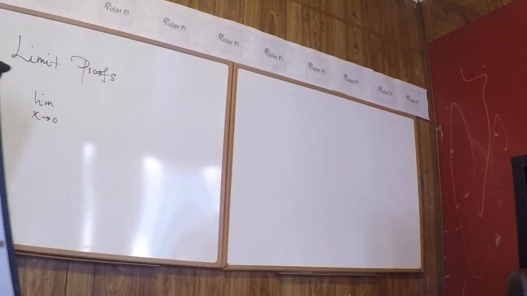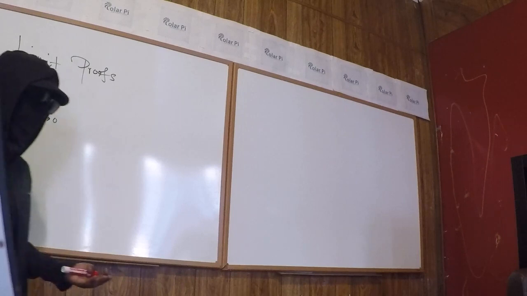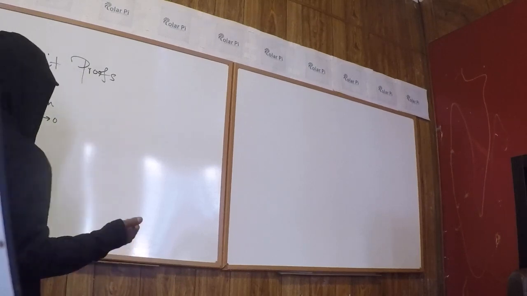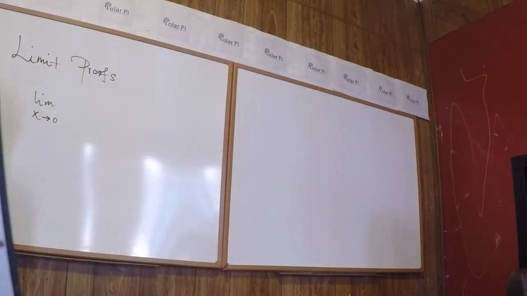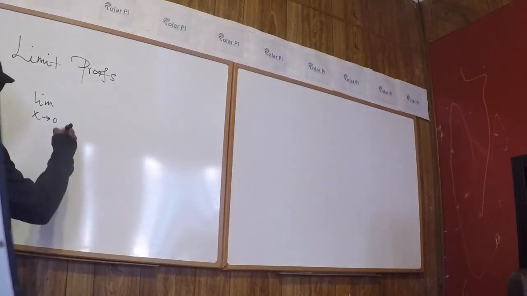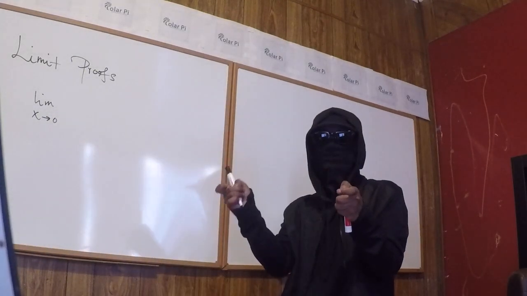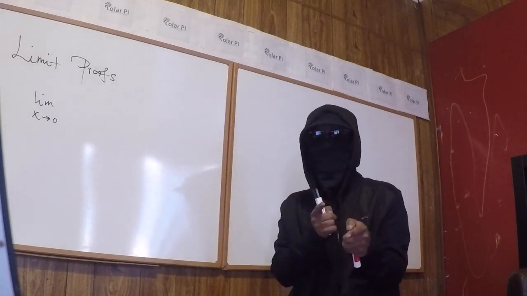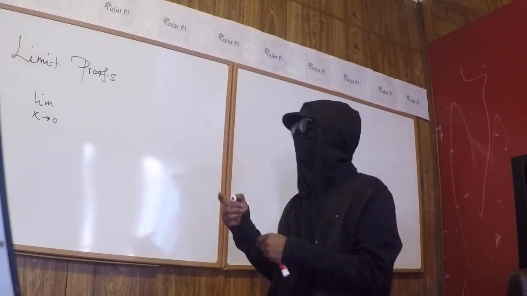So I have a series of videos called limit proofs, and they prove some really useful, important limits that we frequently use, like e to the h minus 1 over h. And another one that I do in my limit proofs is cos x minus 1 over x. This one is very similar to that one, but it's not that one, so our approach is going to be quite different.